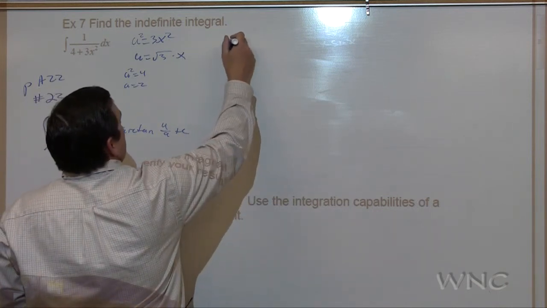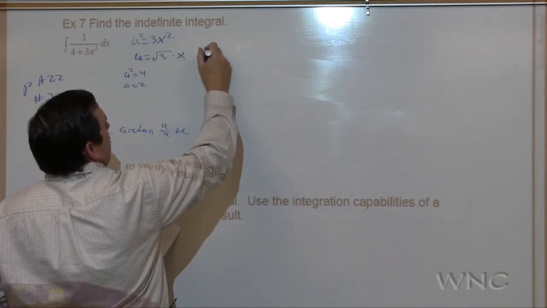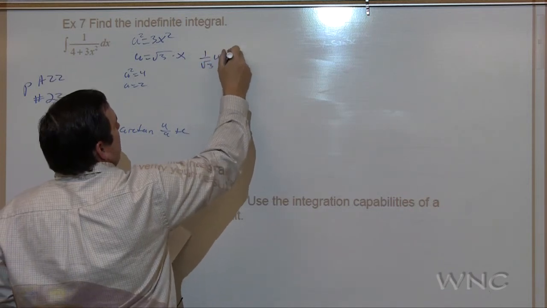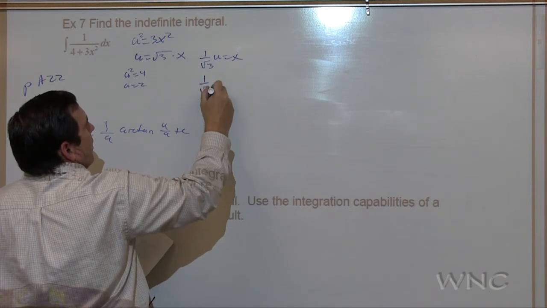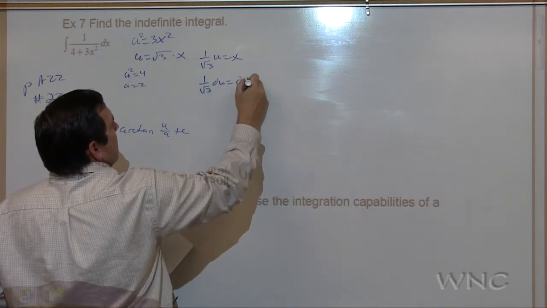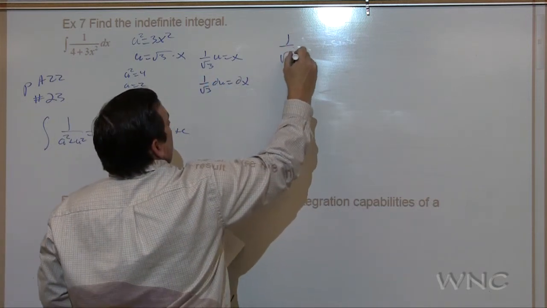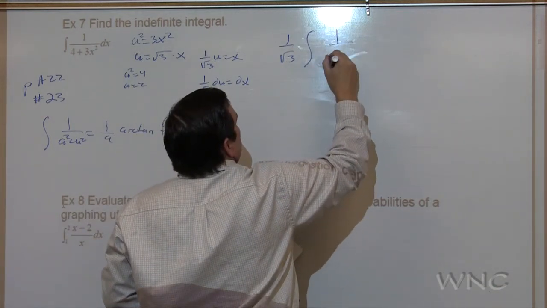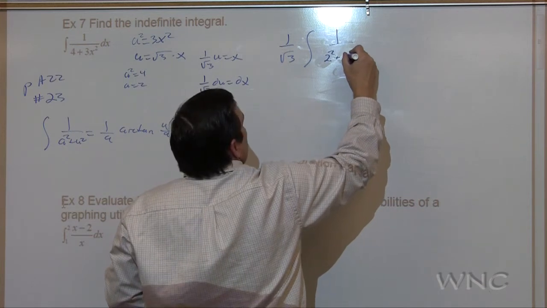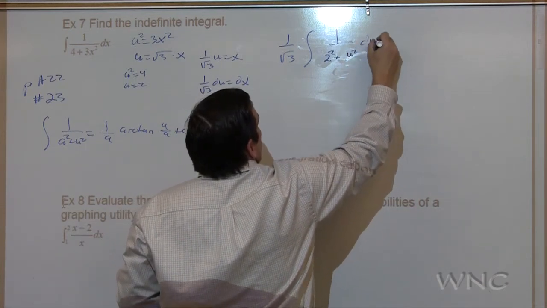Now I should say, 1 over the square root of 3 times u equals x. So we have 1 over the square root of 3 du equals dx. So we have 1 over the square root of 3 times the integral of 1 over (2 squared plus u squared) du.